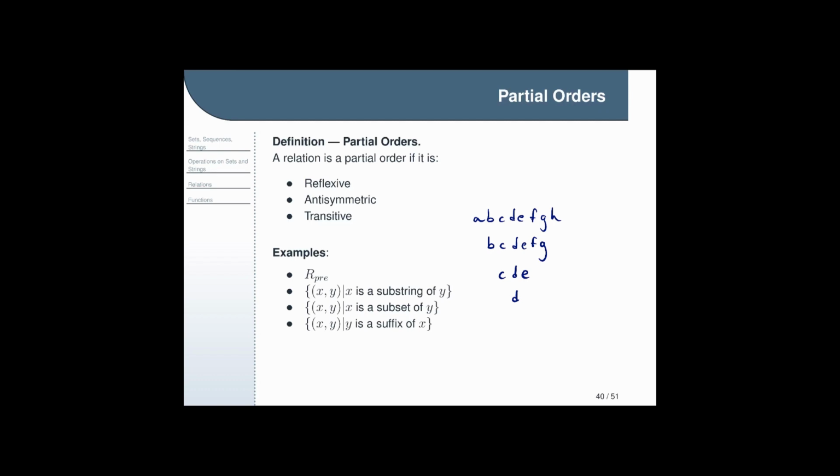Because this is a partial order, one of the things we can rely on is that if D is a substring of this string just above it, it's going to be a substring of every string in here, right? And that's true too about the next string up, right? Our C, D, E here is going to appear in everything above it in the way that I've written.